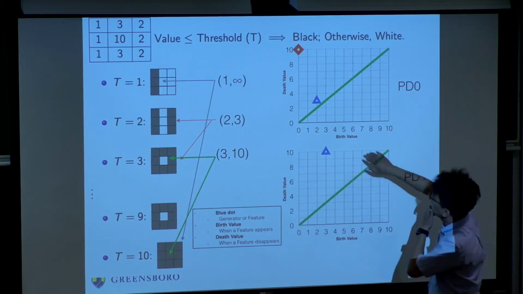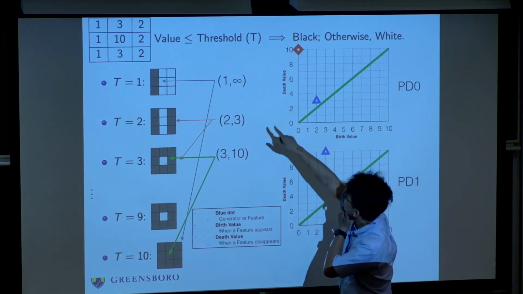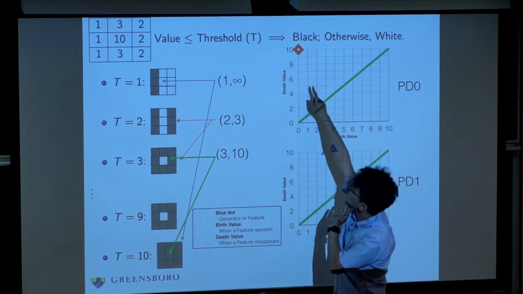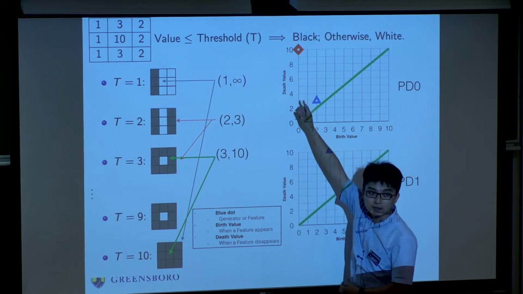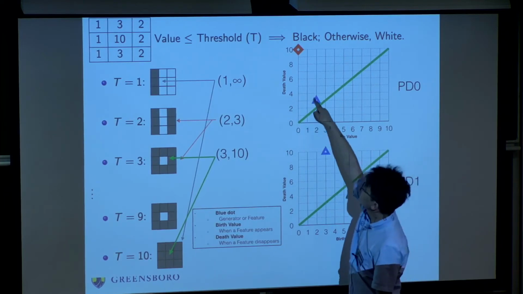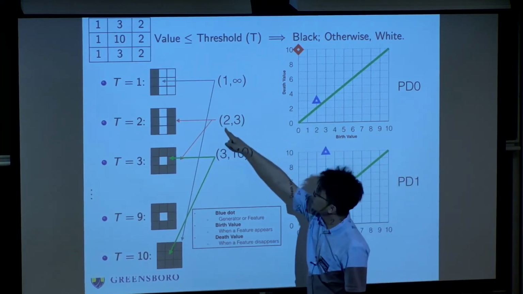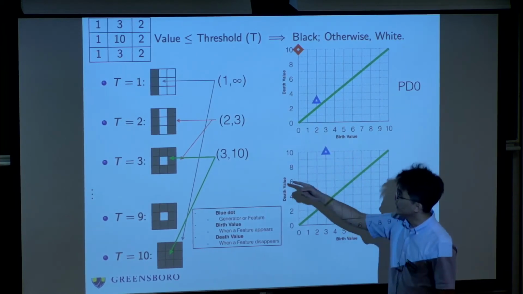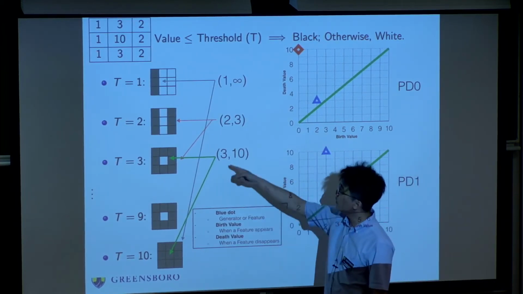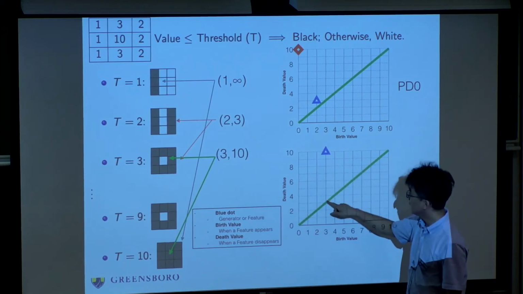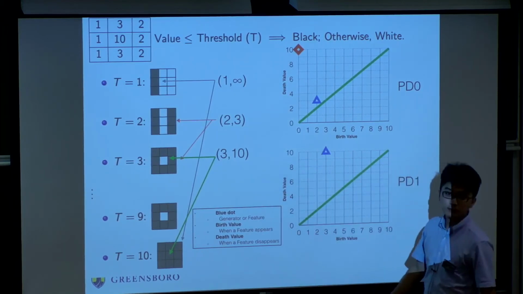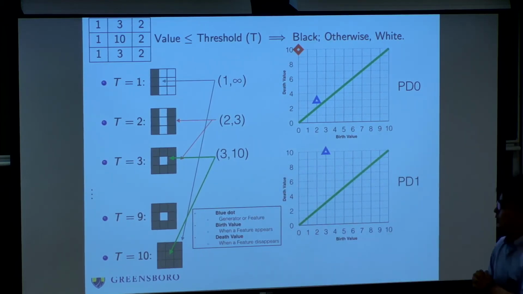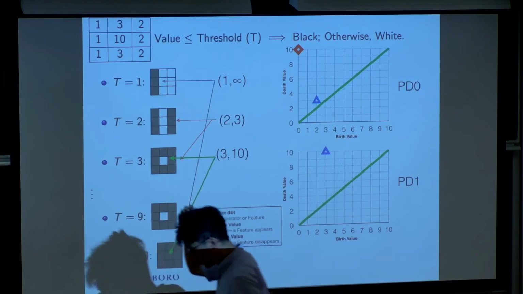And now you can see there is one infinite generator marked in red, and this blue dot is right here, born at 2 and dies at 3, and there is a one-dimensional hole born at 3 and dies at 10. So this is what we have so far. Any question? Okay, good.